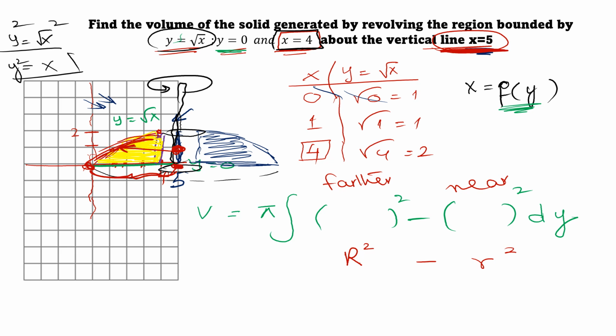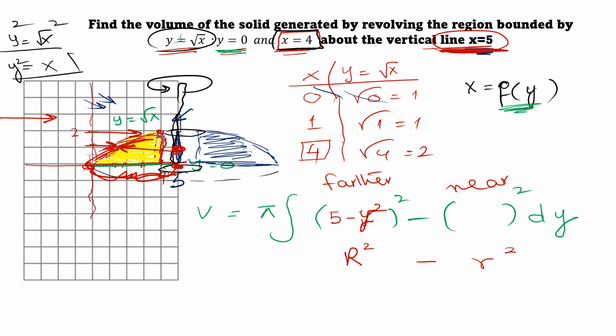But when you read the graph from left to right, all the way from 5, and you have to go till here where the graph is, it means 5 minus graph. What is the graph? The curve equation is y square. Minus what? What is the nearest part?